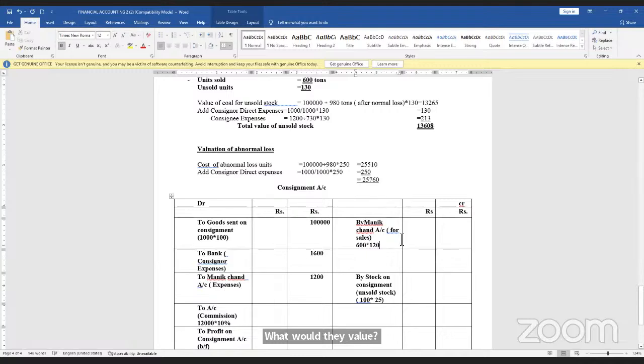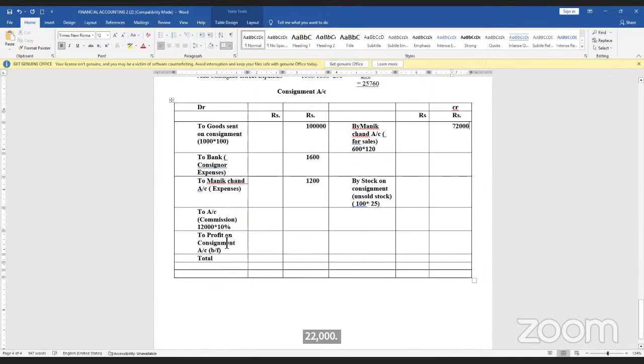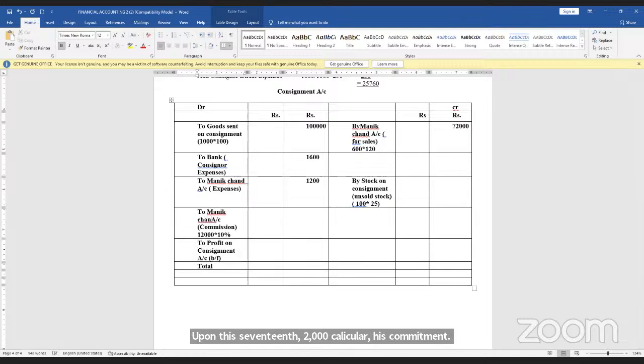Can someone say? 72,000. Okay. Upon this 72,000, calculate his commission at 5%.